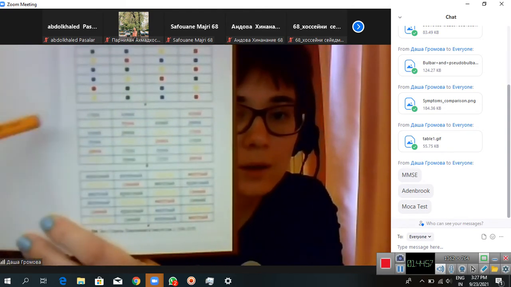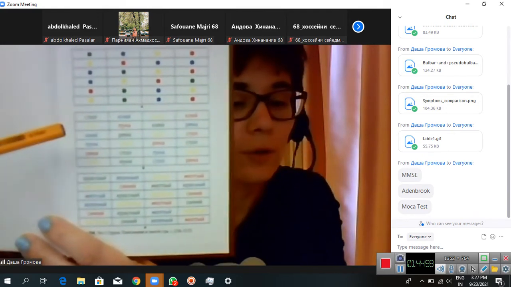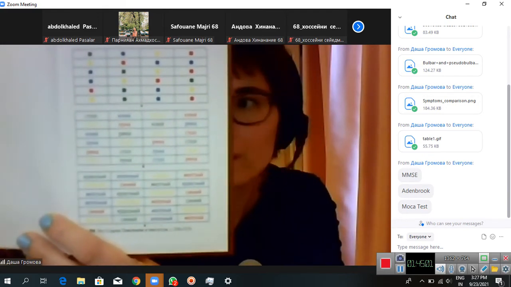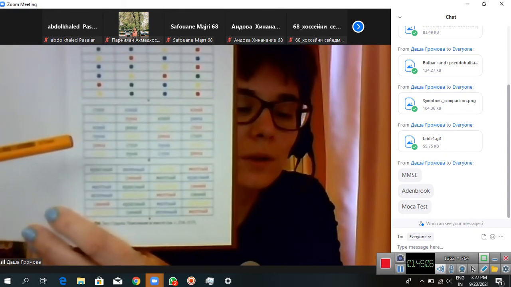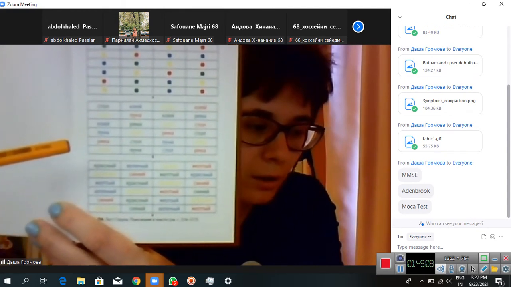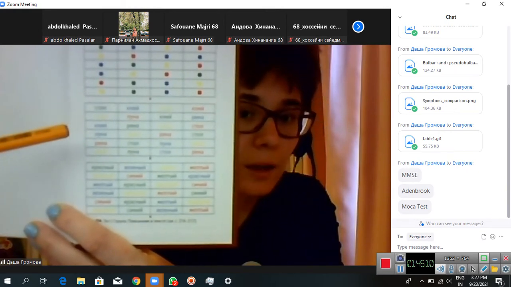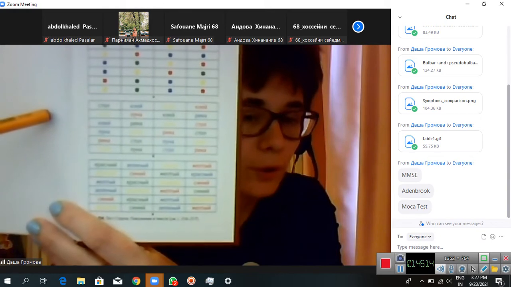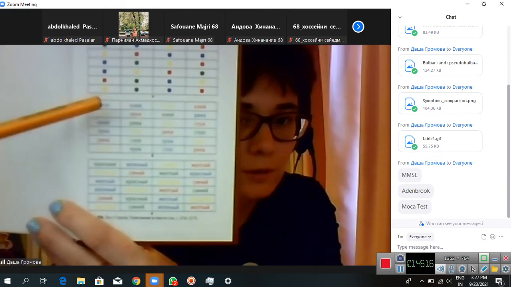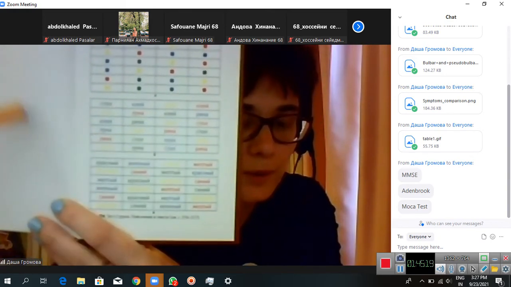Second part, different words, for example, flower, river, cut. Also, each word has a different color, and we ask the patient to name only the color of the word, again from left to right, step by step, fix the time.